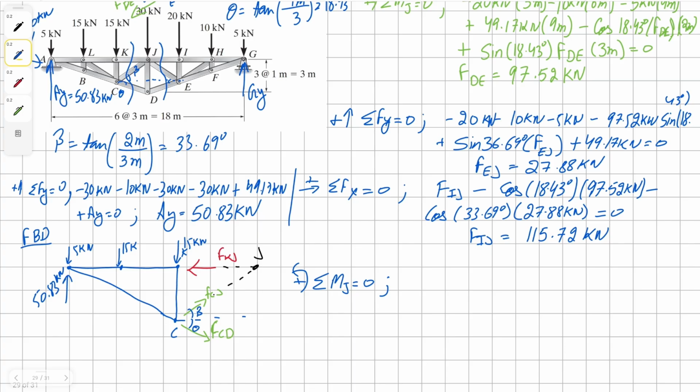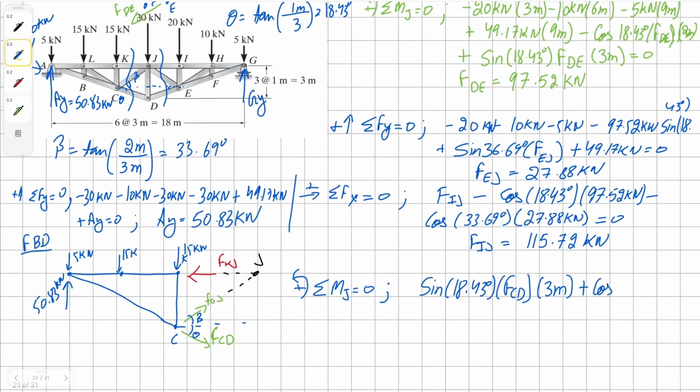When we take moment about the point J, we're going to have horizontal and vertical components of CD. Both are counterclockwise.